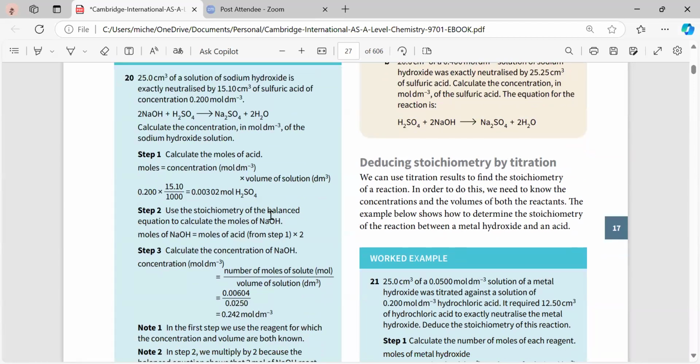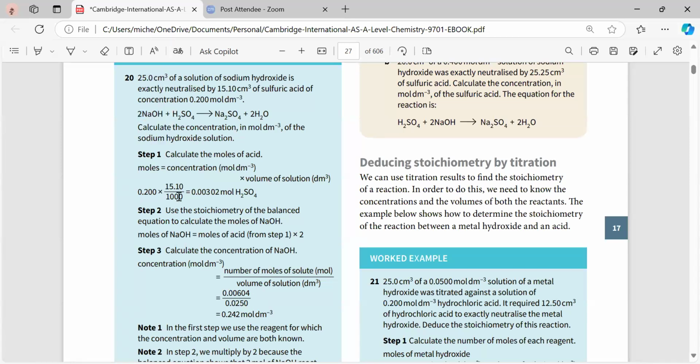So you're probably wondering why this is 0.00604 now, instead of 0.00302. It's because we have two sodium hydroxide in the equation. As you can see, it has the number 2 in front of sodium hydroxide.